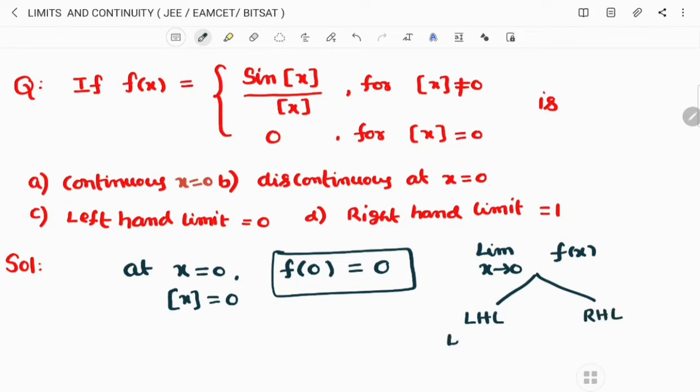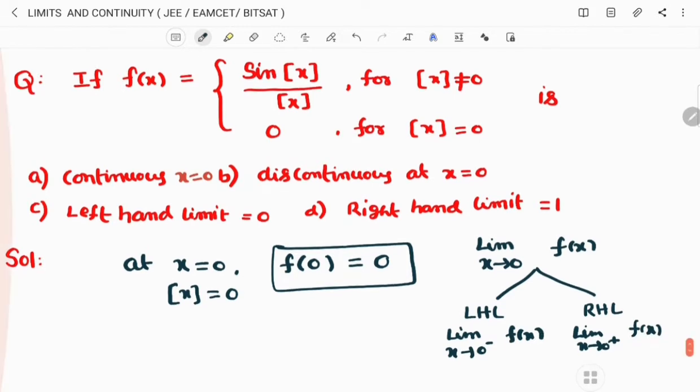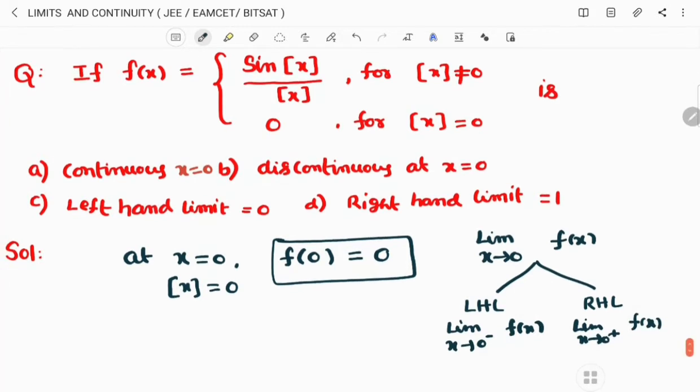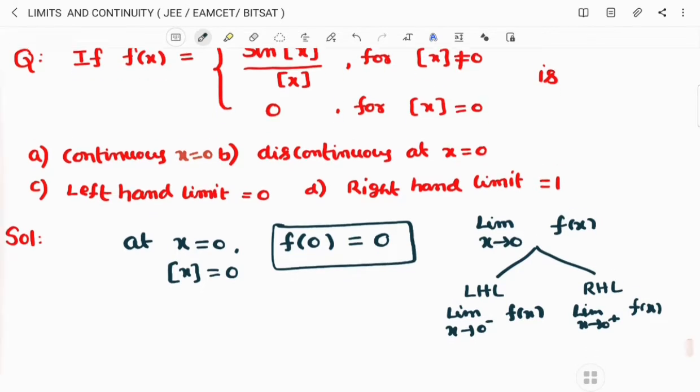Left hand limit x tends to 0 minus, right hand limit x tends to 0 plus f of x. Now we will verify the left hand limit, x tends to 0 minus, and the right hand limit, x tends to 0 plus.